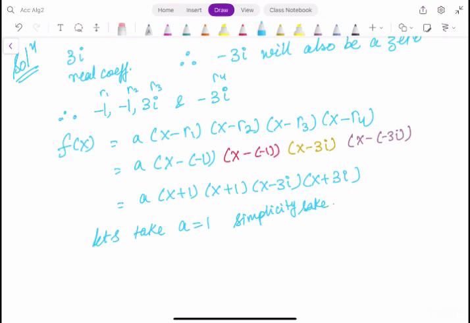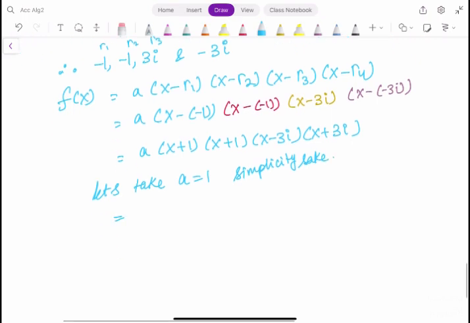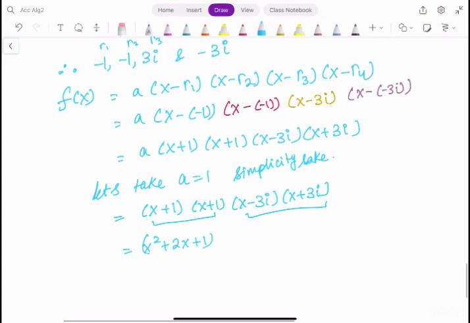And when you combine x plus 1 and x plus 1, and then we will combine x minus 3i and x plus 3i together. So combine the first two and the last two. So you will get a lovely equation, x squared plus 2x plus 1, which is a quadratic, times x squared minus 3i squared.